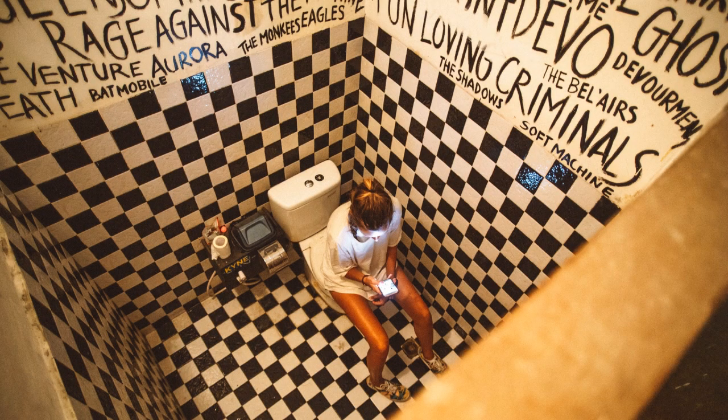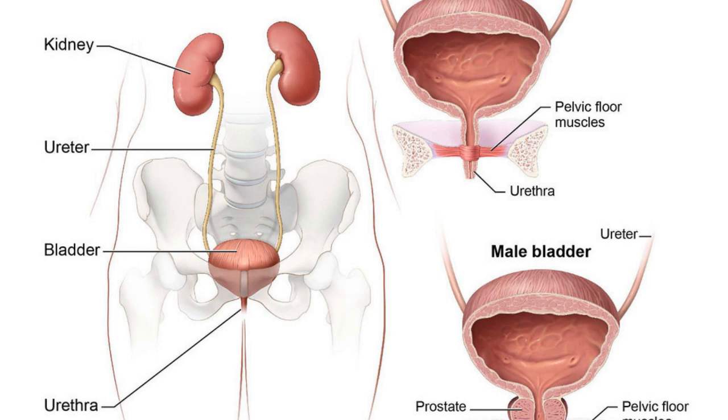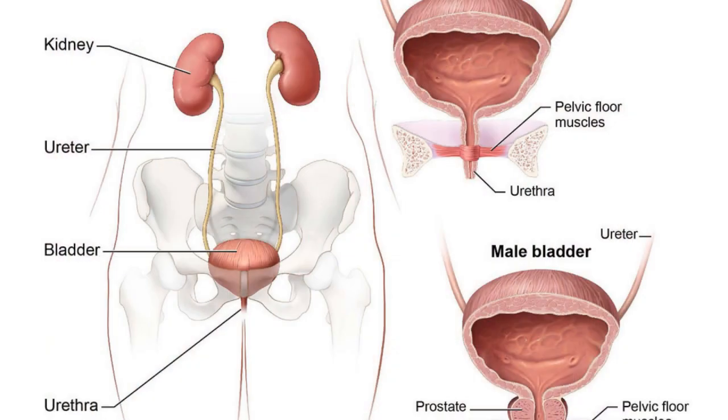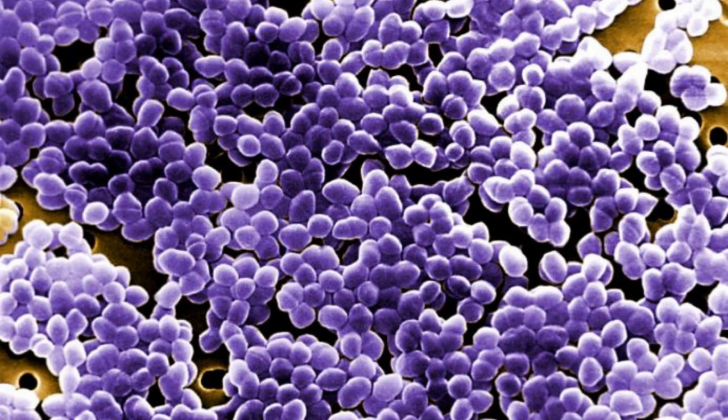Let's talk about what causes these urinary tract infections. Doctors advise women to wipe from the front to the back after using the bathroom, so as to prevent urinary tract infection. So don't wipe from the back to the front, no, wipe from the front to the back. You should also note that the anus is close to the urethra, which transports urine from the bladder to the outside of the body.